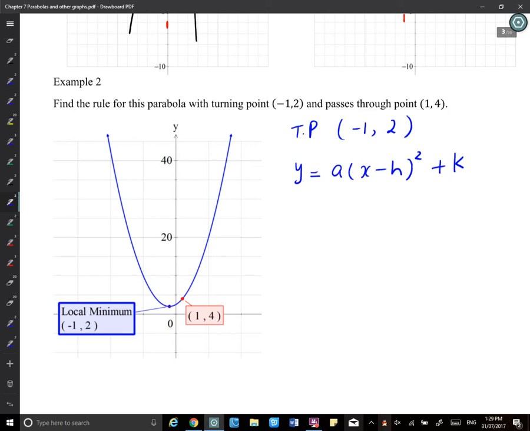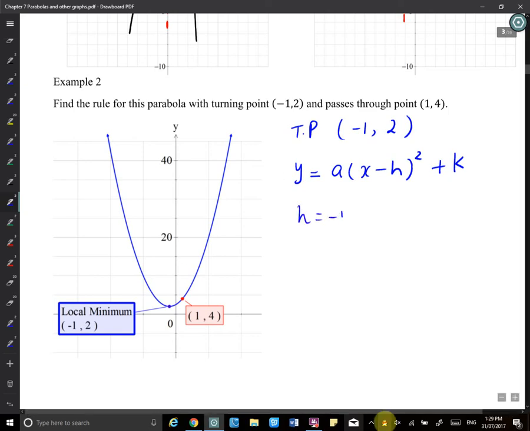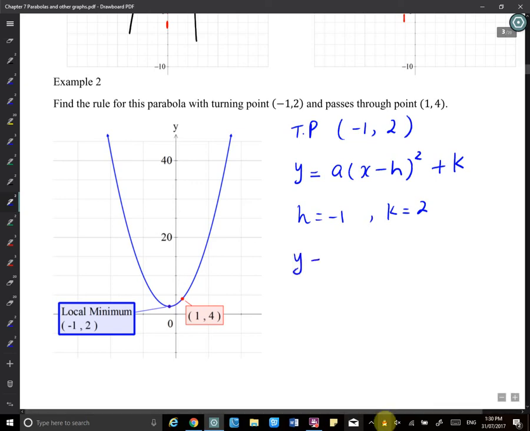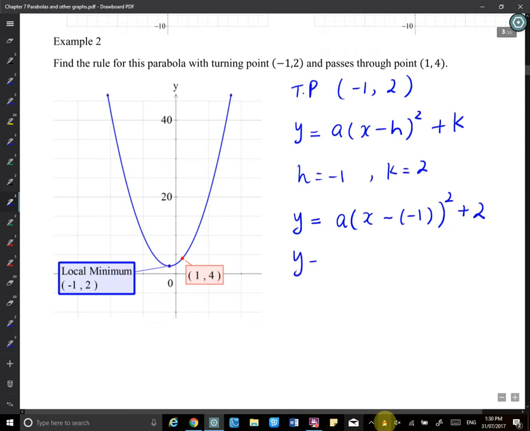In this question, h equals -1 and k equals +2. So I can have y equals a(x minus -1) squared plus 2. So y equals a(x plus 1) squared plus 2.